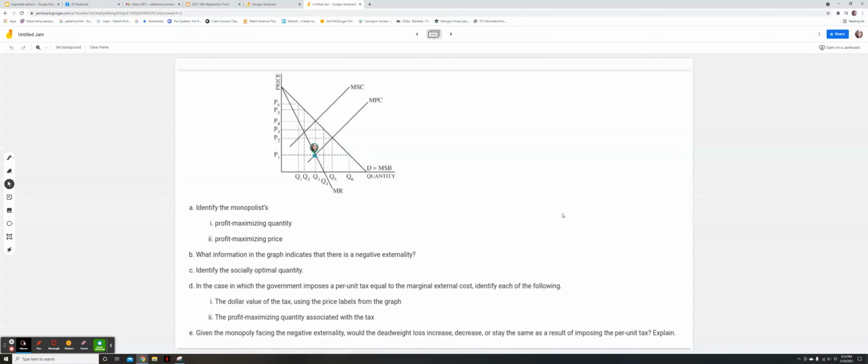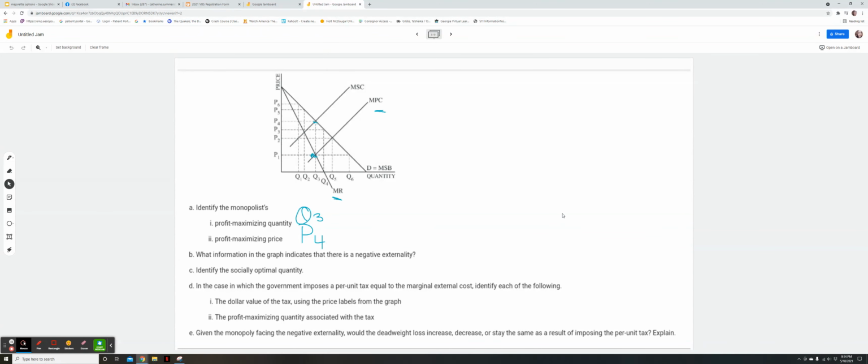The quantity is Q3 because that's where the marginal revenue equals the marginal cost, which is the marginal private cost. You have to remember that when we're dealing with externalities, the marginal private cost is the marginal cost. But they're going to go up here and charge P4. So the profit maximizing price was P4. I believe we got that far in class, and we didn't have any issues with that much.